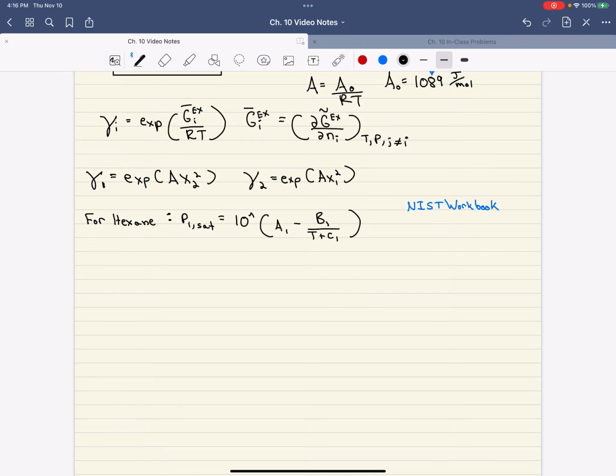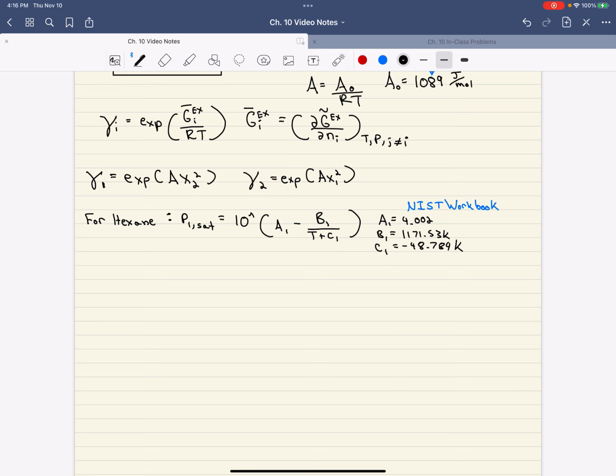Okay? And so using the NIST website, we could find the constants for hexane, with C equal to negative 48.784 Kelvin.